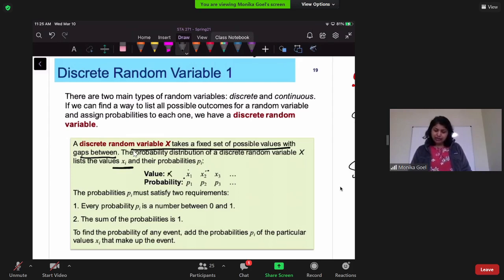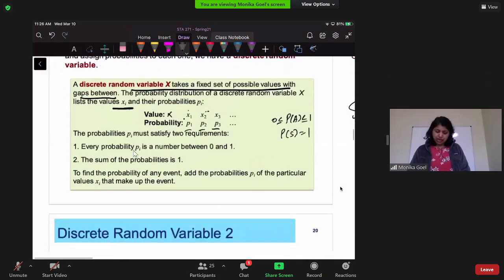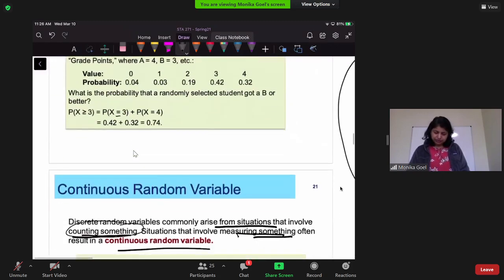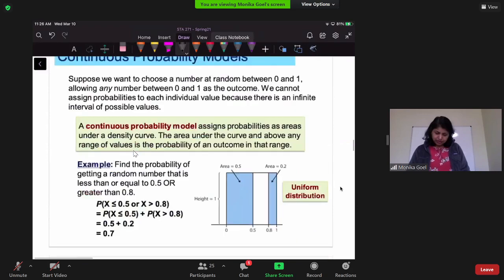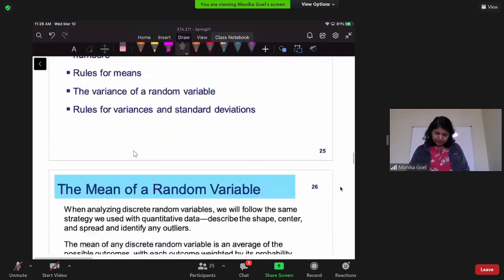These probabilities should satisfy two rules: they should be between 0 and 1, and when you add everything, it should be 1. Then you can find the corresponding mean or expected value using the formula that I just provided you. And there is an example here also, so let me go with that first.